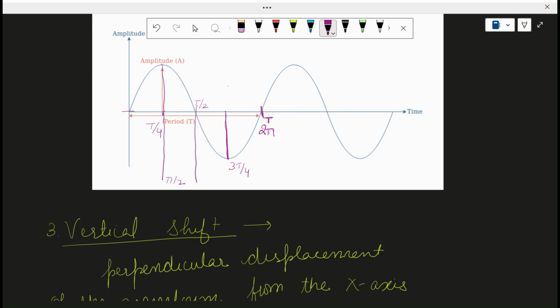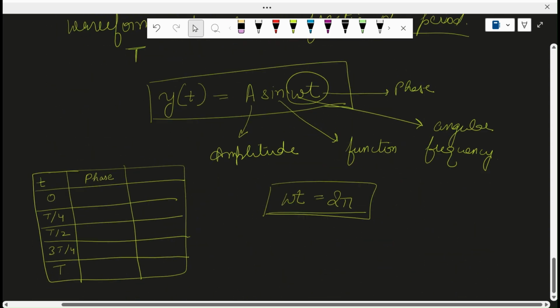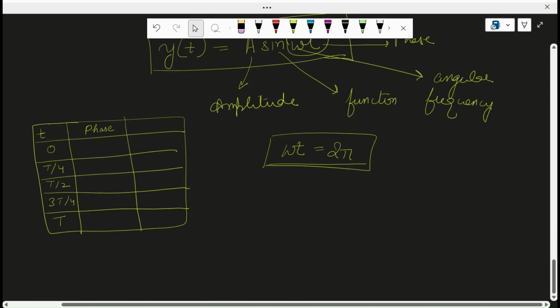Here the value will be π, here the value will be 3π by 2, and here the value will be the complete 2π. So what phases are we getting? At 0 we are getting 0.